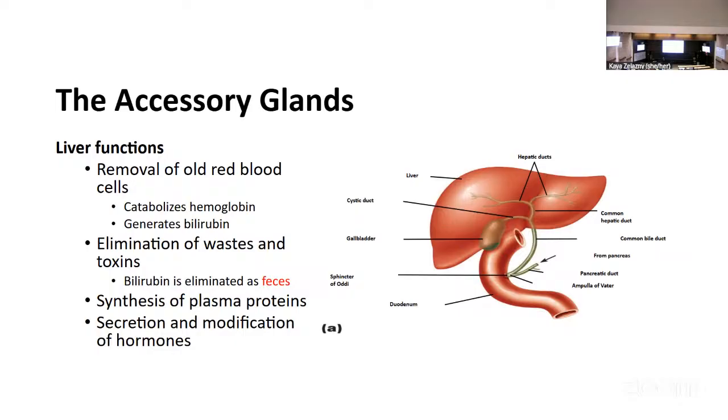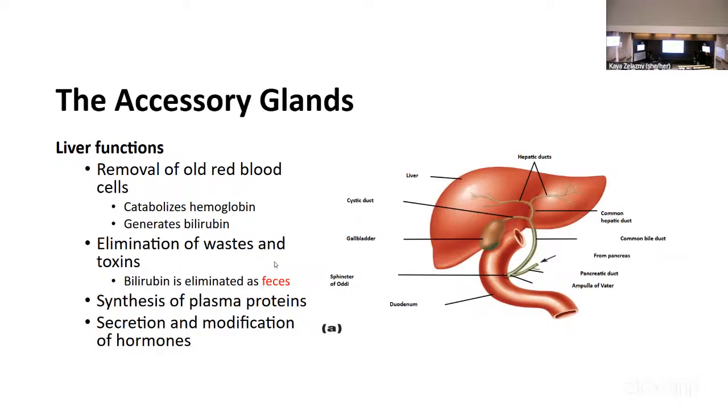And particularly, we were paying attention to how the liver catabolizes our hemoglobin, so breaks down hemoglobin so that we can rescue that iron in the center of the heme group and reuse it. And it's generating bilirubin as a waste product. So the other parts of our hemoglobin we can get rid of, goes into your waste and eventually is eliminated as feces. Okay. That was another thing that we talked about when we talked about the blood.